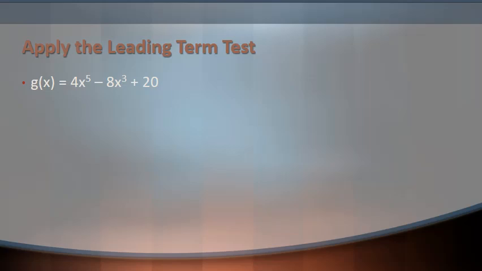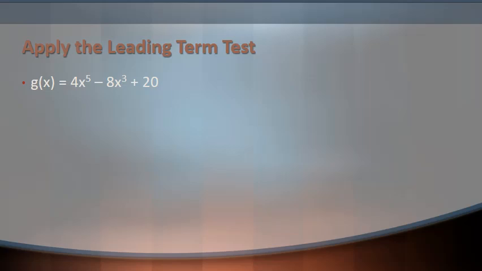If it's positive, as this one is, we would expect our graph to have a left arm down, right arm up. If it should be negative, it would be left arm up, right arm down, or disco right, disco left.